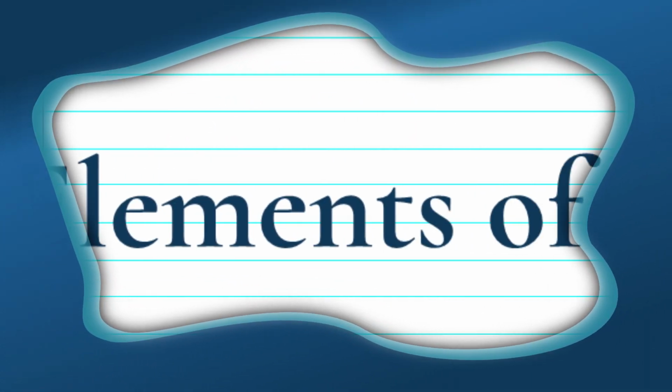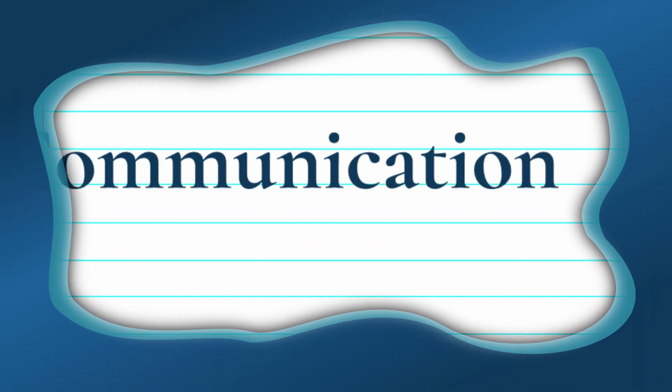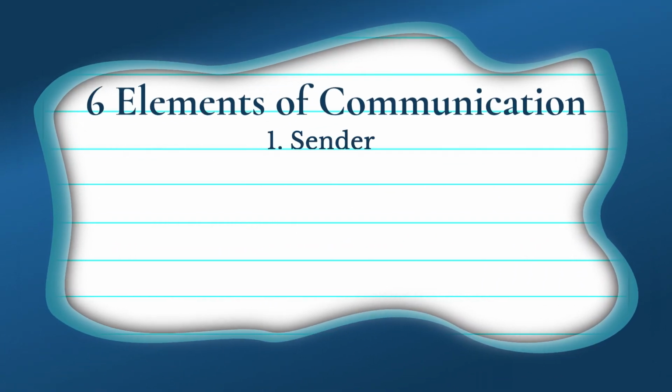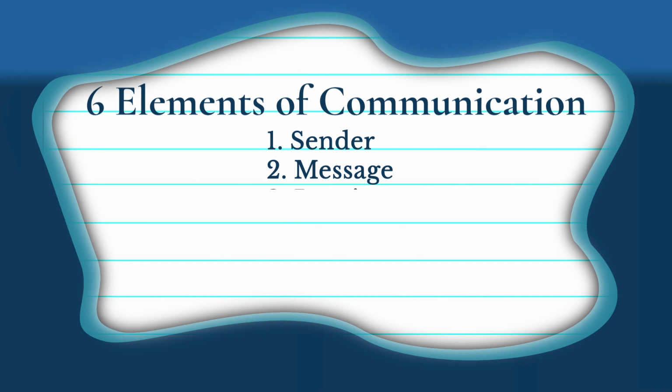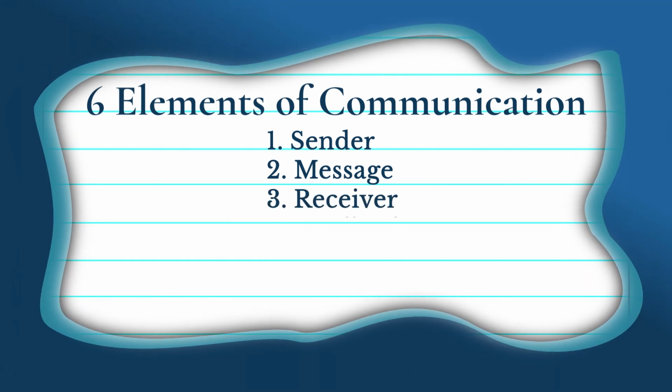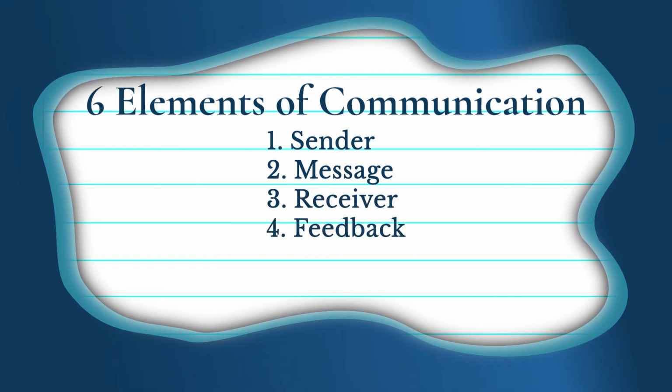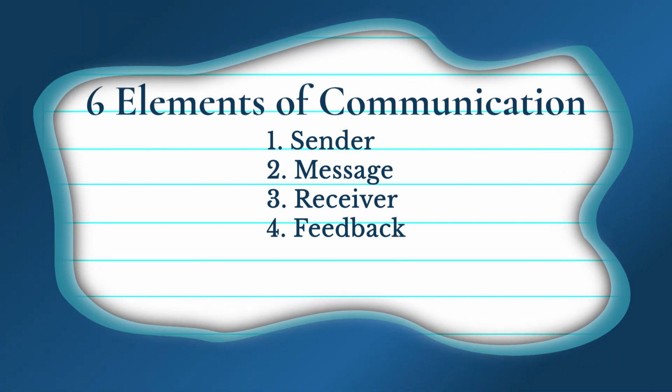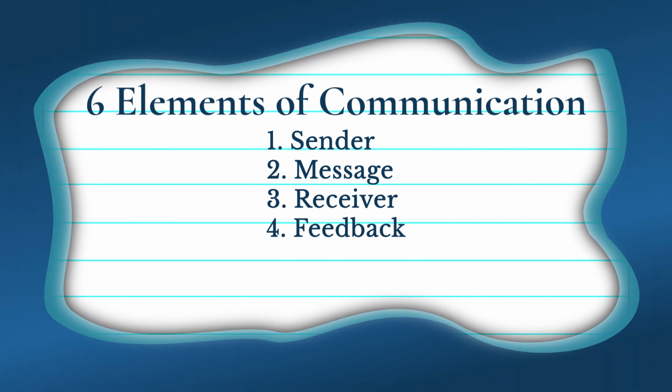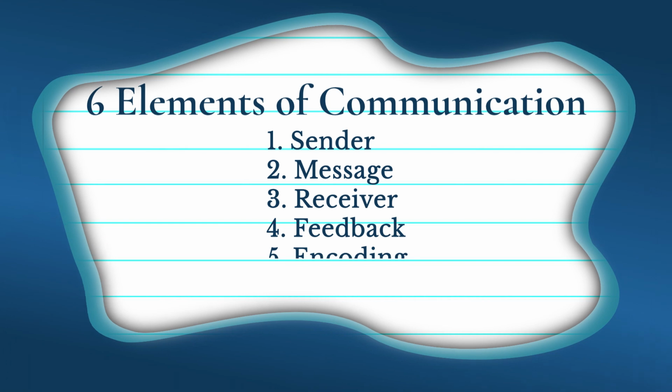The figure identifies the 6 elements of communication, which are the sender, the message sent, the receiver, the feedback provided by the receiver and sent back as a response to the sender, and the processes of encoding and decoding.